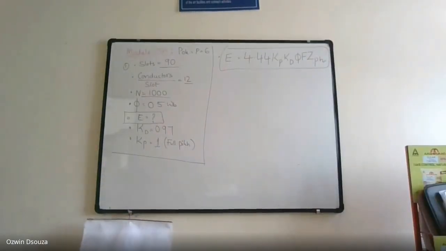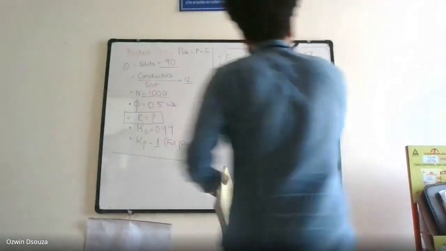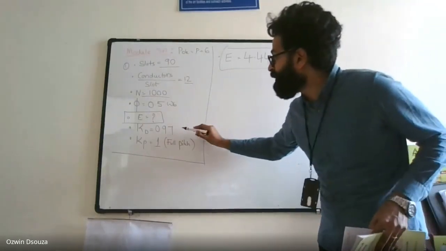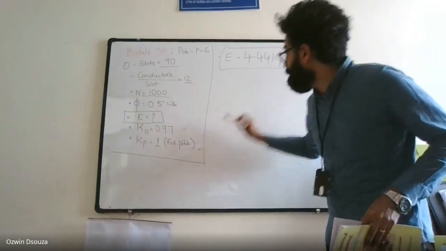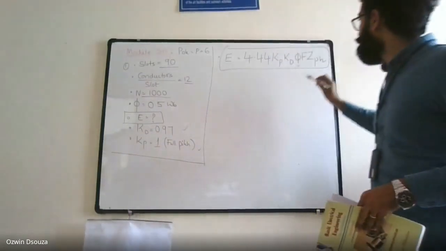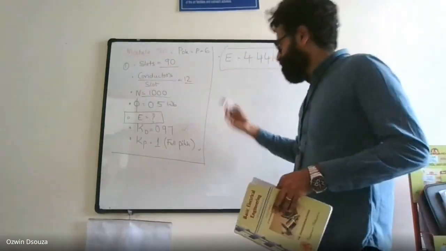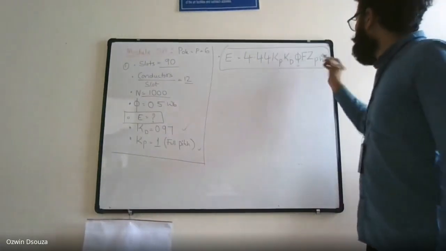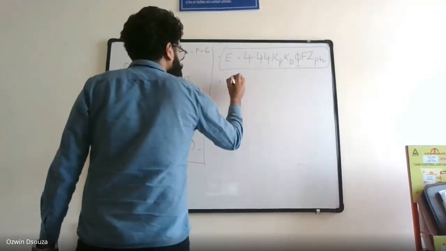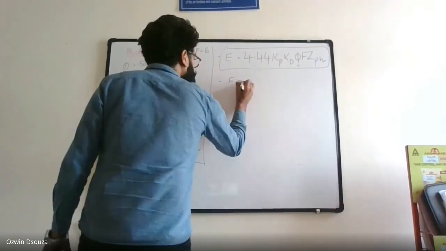Now, with respect to this EMF equation, you have to just substitute the values. So 4.44 Kp Kd. So you are being given with Kp value and Kd value. So directly you can substitute. Flux value is also given, 0.5 Weber. Frequency you need to calculate, and Z phase you need to calculate. So the only unknowns in the EMF equation are frequency and Z phase.